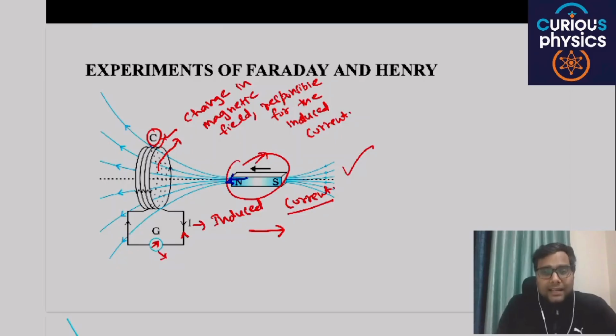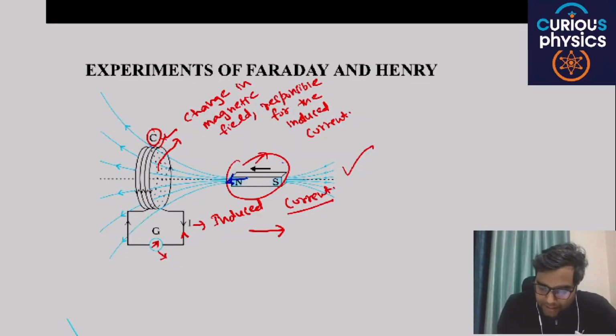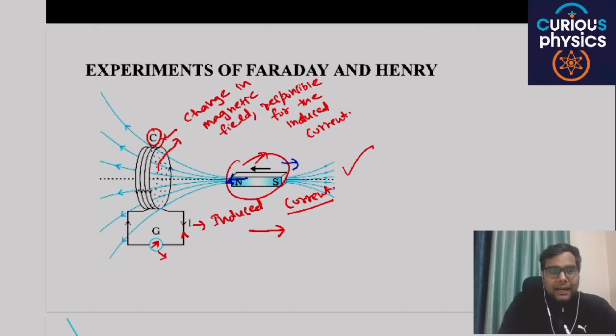In the second case, let's say the magnet is moving away from this coil. Then is the magnetic flux increasing or decreasing? The magnetic flux is decreasing. Then this loop or coil will try to induce a current in such a way that it will oppose the reduction in magnetic flux.